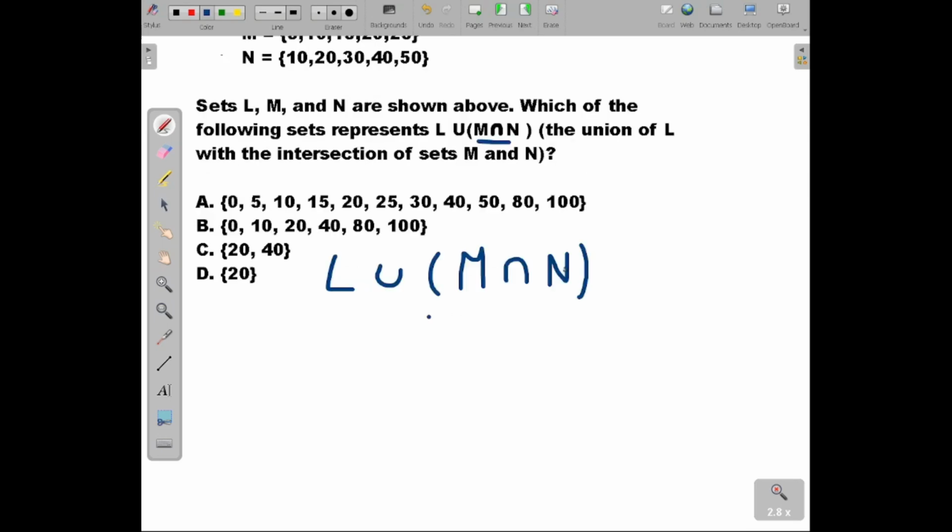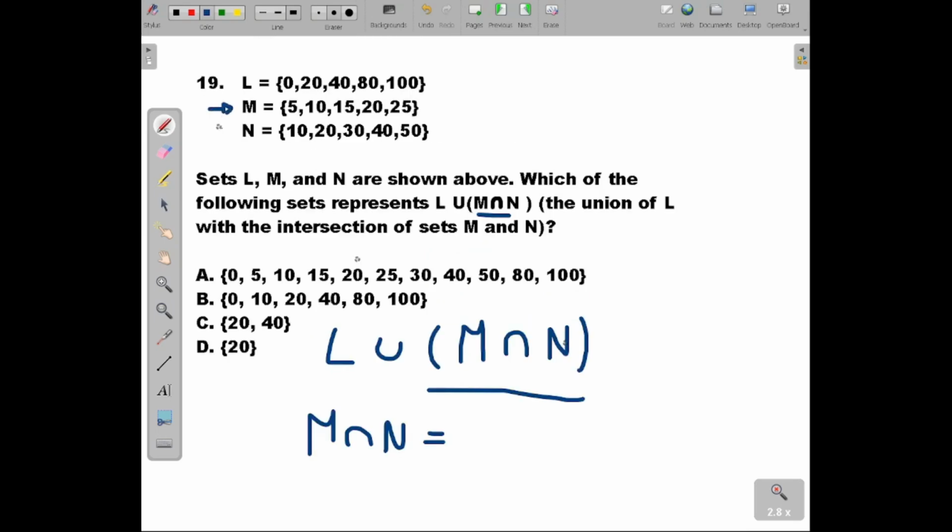First, we have to find what's inside the parentheses, the intersection of M and N. And the intersection means what both sets have in common. In this case, what do M and N have in common? Let's see, 5? No. Both have 10? Yes. 15? No.